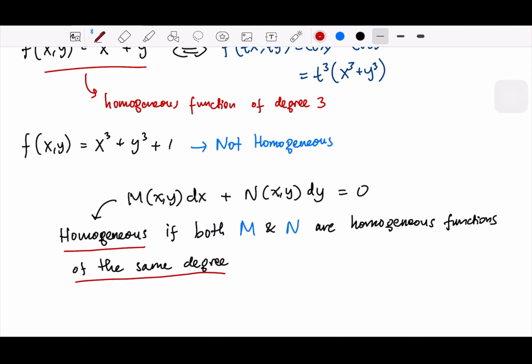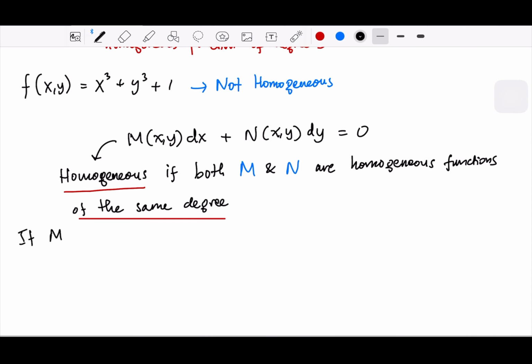Okay. So we need to make sure that the degree is the same. Let's say the degree is just a real number alpha, like the previous one.